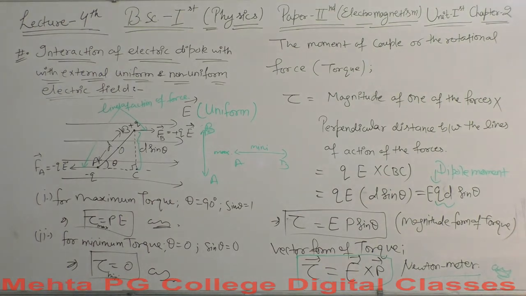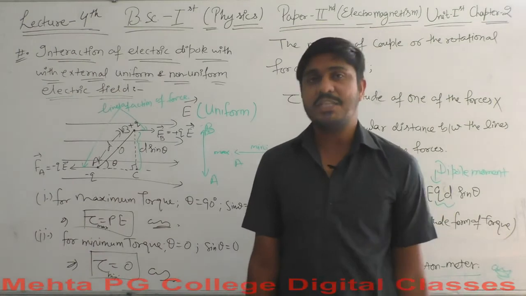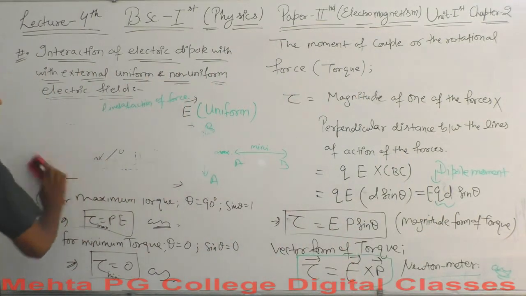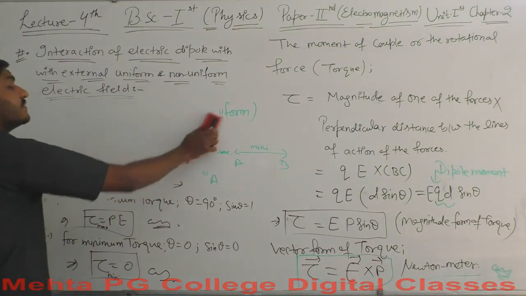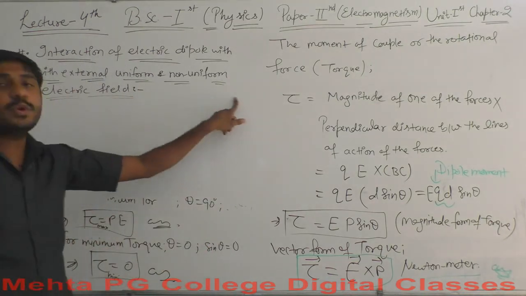You can take a screenshot for this particular reference, but I don't think you need it any longer. So let me clear this off, and let's proceed to another expression or example. Now this is for the uniform case. What if the field in which you have placed your dipole is non-uniform?